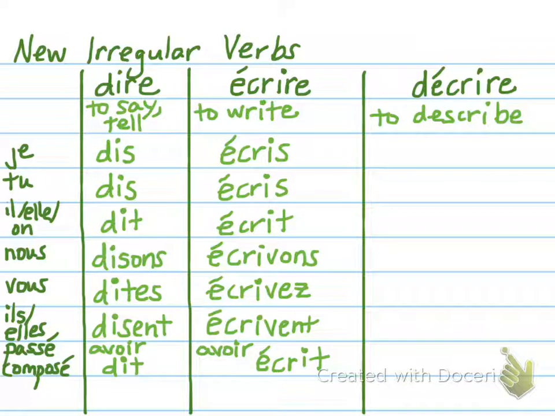And basically, we're going to take our écrire conjugations and put a D in front of it.